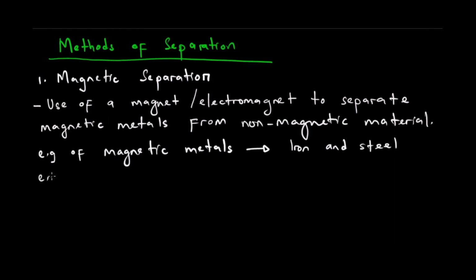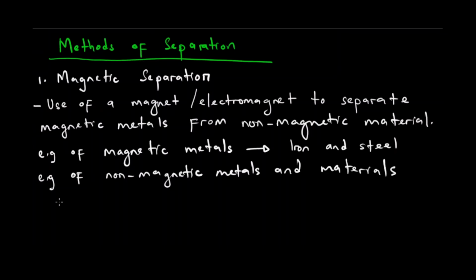And then example of non-magnetic materials, kana kuti nganditi non-magnetic metals and materials. In this case, for metals, aluminium, and materials to tarisa, in most cases plastic.